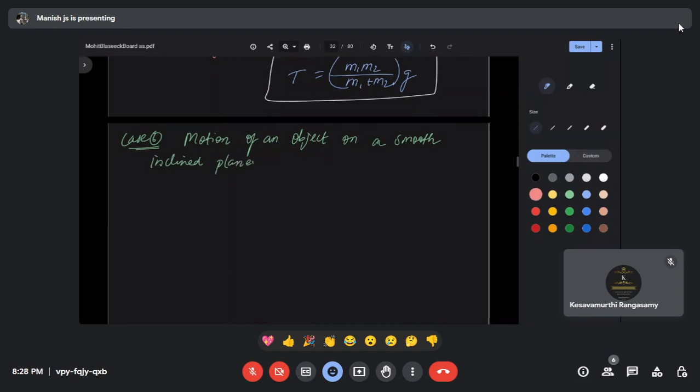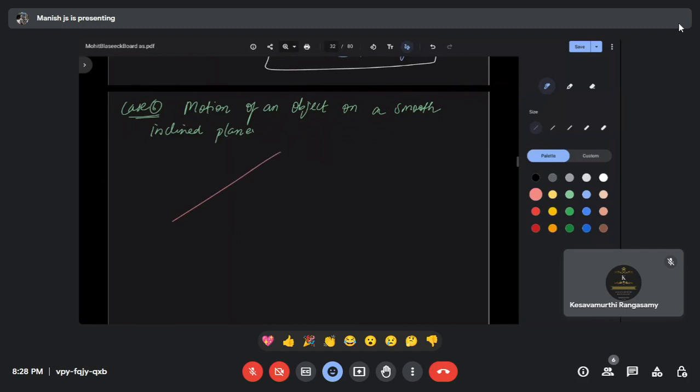So again we have an inclined plane like this, which looks like a ramp with an angle. Say this angle is theta, and then I am having a pulley also on the top.